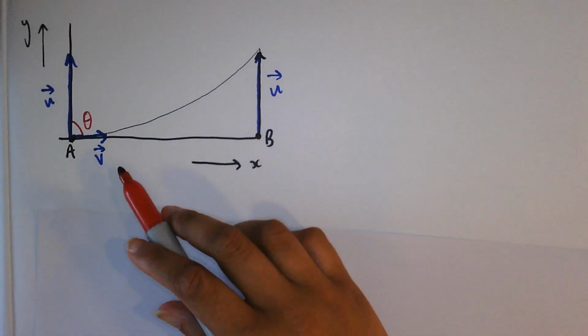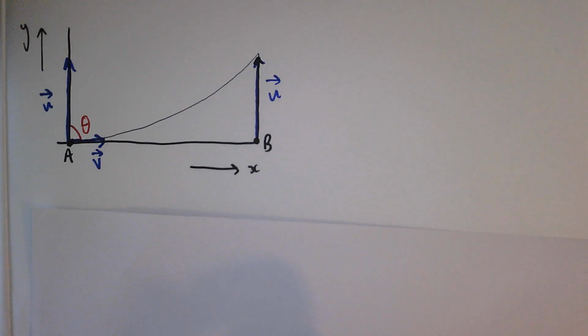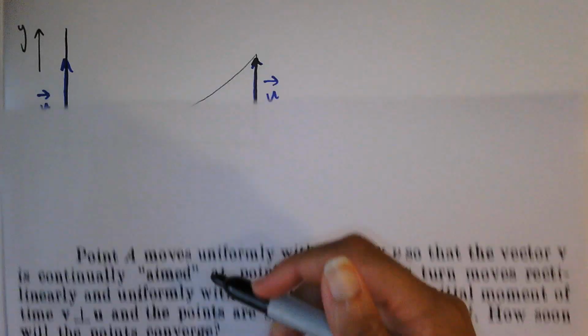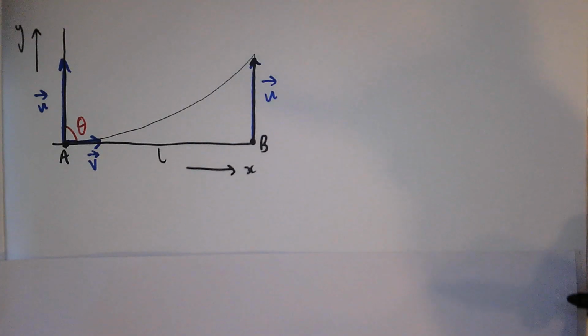So theta is time dependent, it's a variable of time. And the question tells us that initially the points were separated by a distance L, so I'll just label L here. That's the distance between A and B.